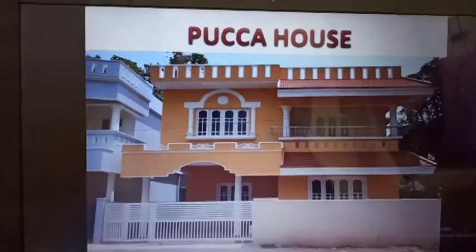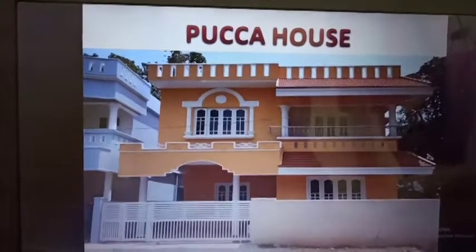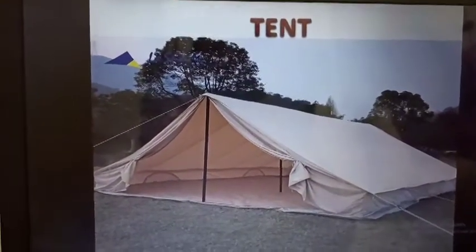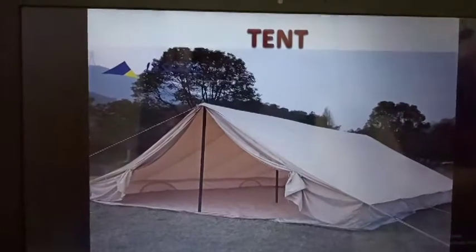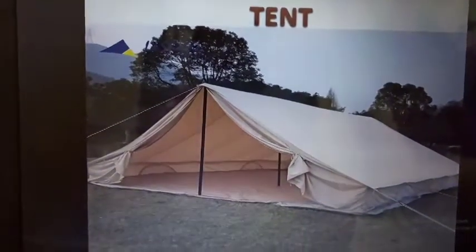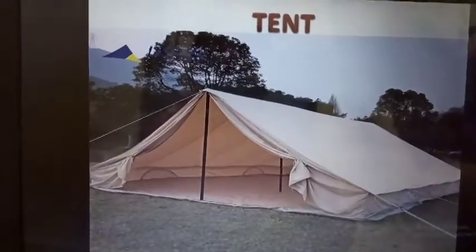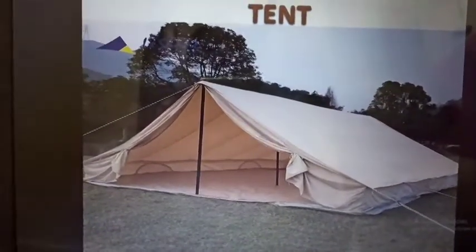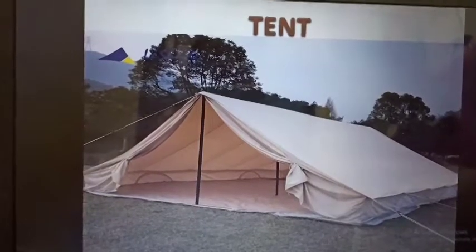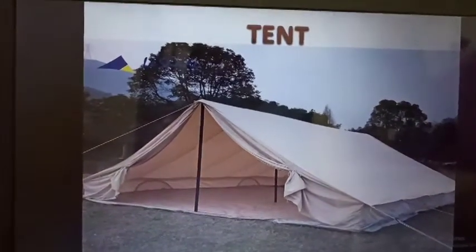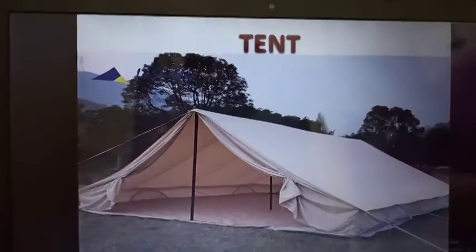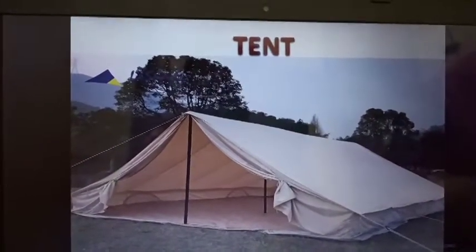Okay, children, after this, next our house is the tent. You have also seen these kinds of tents many times. They are made up of cloth mainly, and with the help of some bamboo sticks or iron rods, they make a tent.